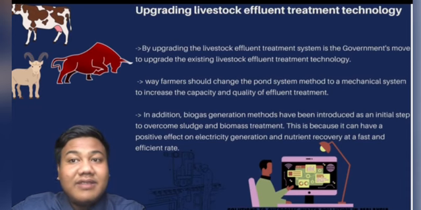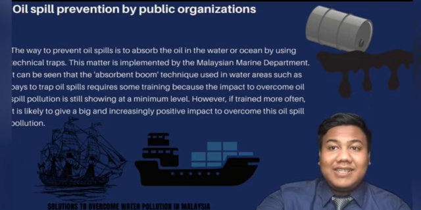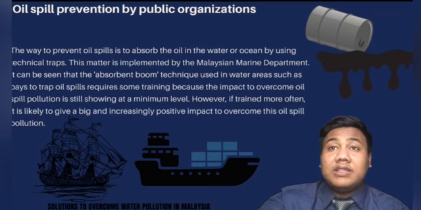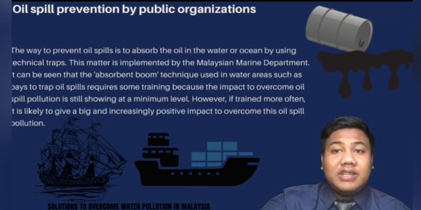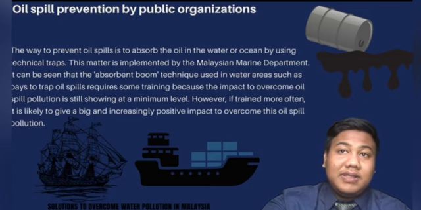Oil spill prevention by public organizations. The way to prevent oil spill is to absorb the oil in the water or ocean by using technical traps. This method is implemented by the Malaysia Marine Department.